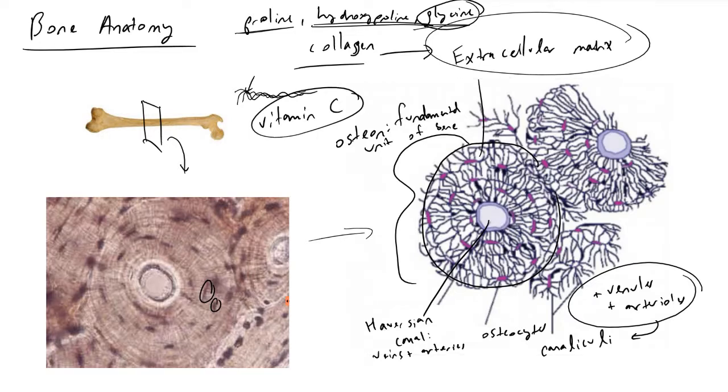And so if you don't have vitamin C, you can't make hydroxyproline, you won't have good collagen, you're not going to have good connective tissues, not just in your bones, but in other places. And that's the reason why we see things like scurvy if you don't have vitamin C. So a take-home message from this is make sure that you eat oranges and other good sources of vitamin C in your diet if you want to have a good, strong bone structure.